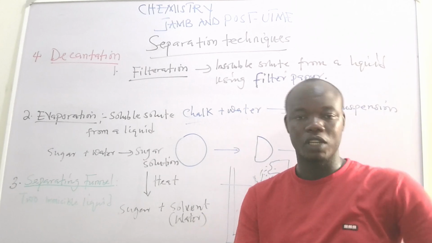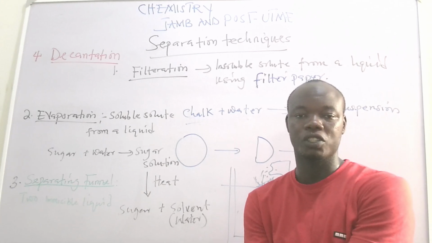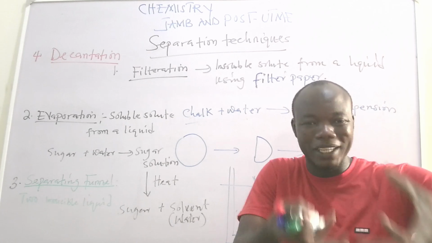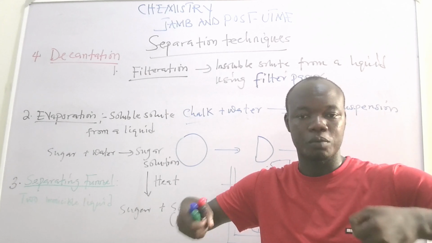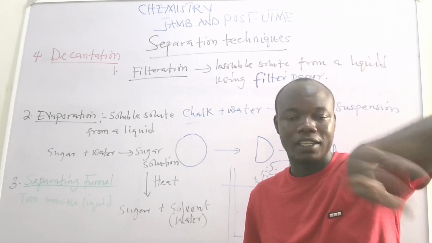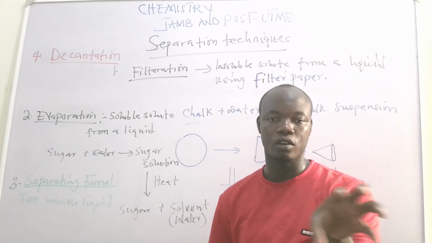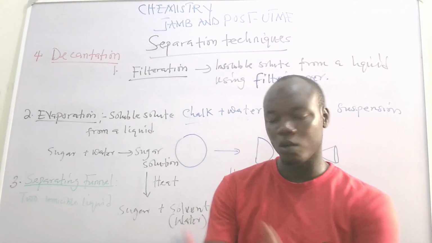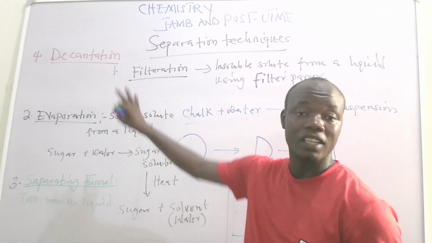After it settles, you remove the water, and you are left with the much denser substance, which is the mud. So this type of separation is based on the density of the separating particles. The denser one will settle down, while the less dense one will be at the top. Then you pour out the water and are left with the mud. This separation technique is called decantation.